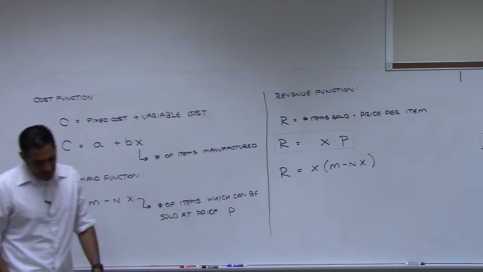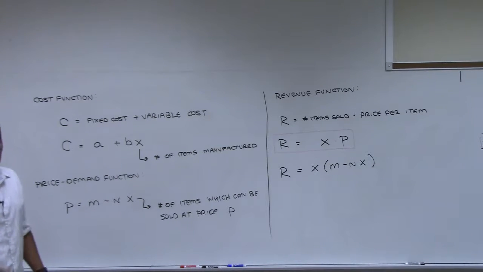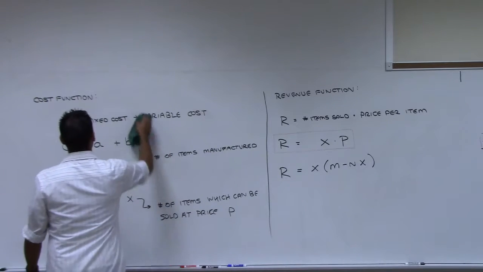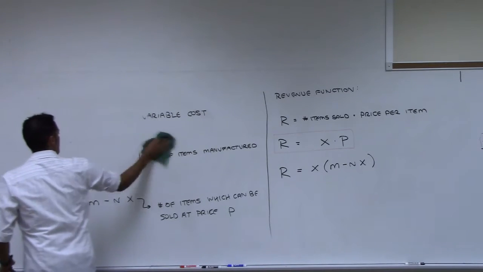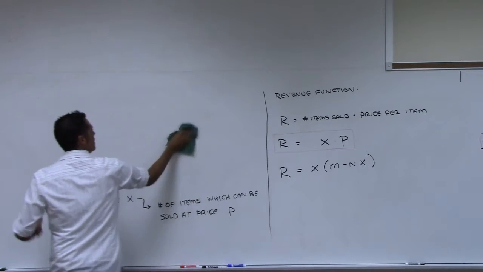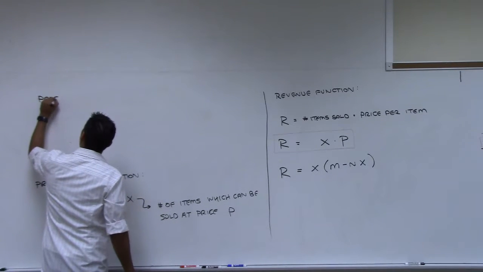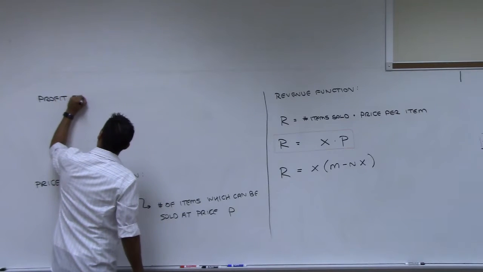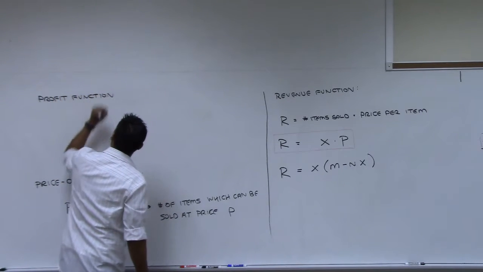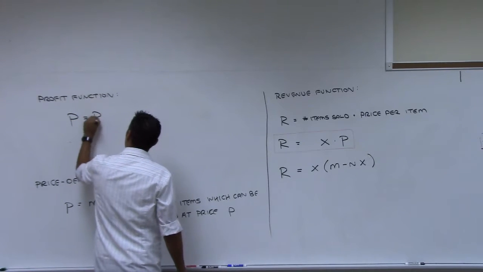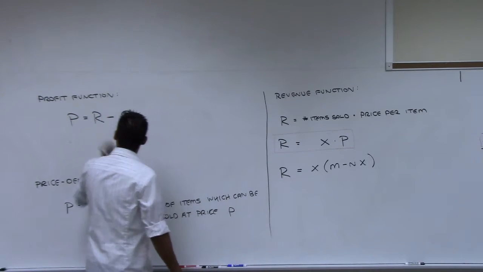All right, next thing, let's talk about profit. Now we can talk about the profit function. Our profit function is profit equals revenue minus cost, right?